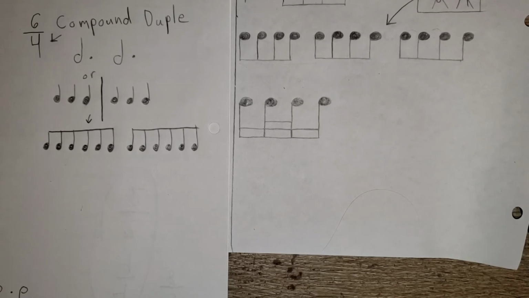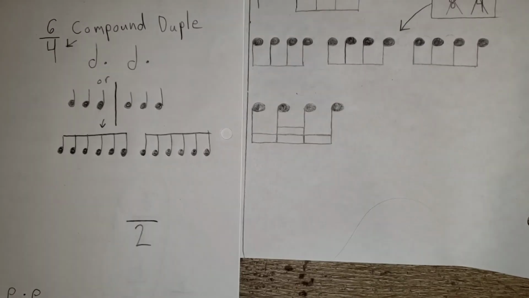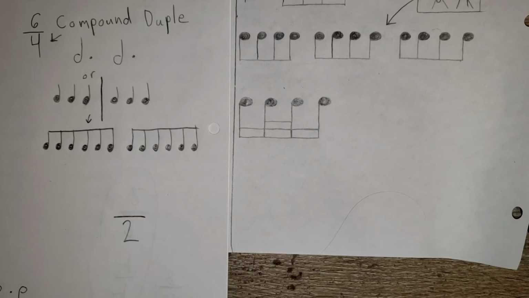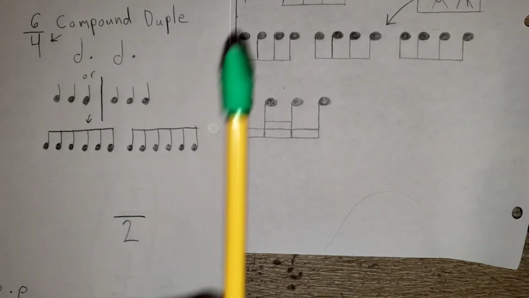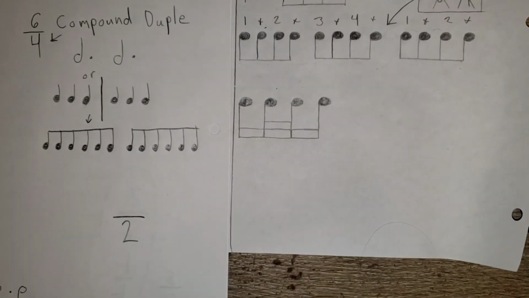Okay, so I started on 8, and then I thought, no, so I thought maybe 16, that was no. I just did 6/4, that didn't work, so the only thing I can do now is half it again. So now I'm dealing with half notes. Something feels a little wrong here. I have eighth notes here. Okay, so as you know, it's a half note, so it's going to have those 2 beats.